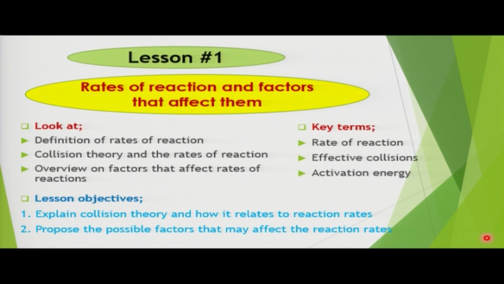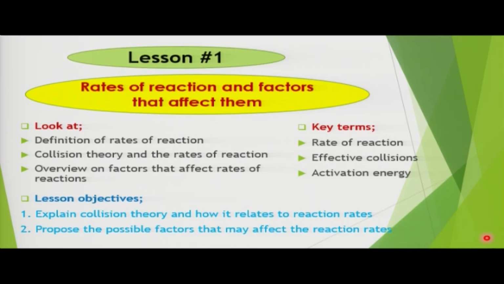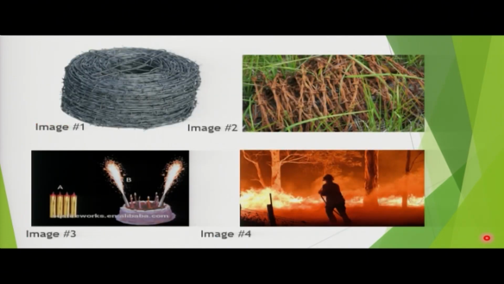The second objective is to propose the possible factors that may affect rates of reaction, then go ahead and explain. Of course, the factors will come as a result of you understanding the collision theory. So let's get started on today's content.